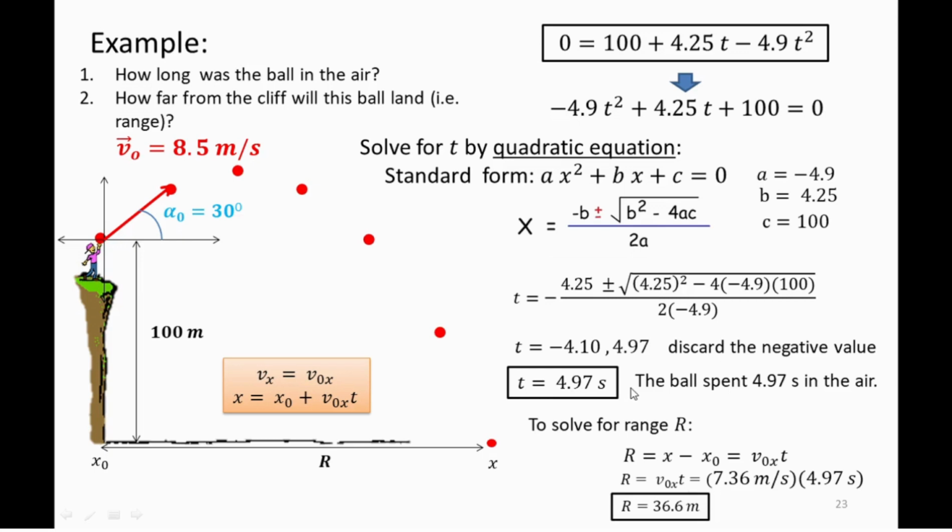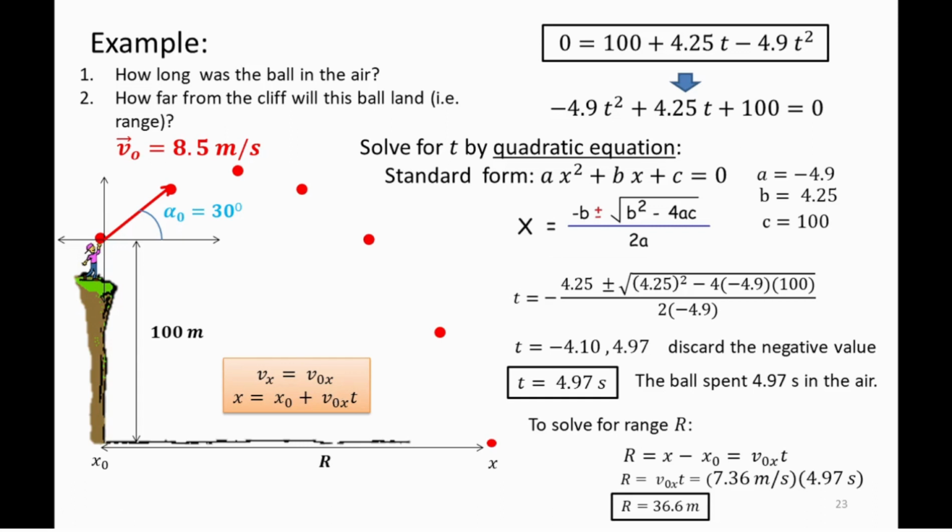Now, to solve for the range, which is the second question, or the horizontal distance traveled by this projectile, we will use now the kinematics equation for the x component, since again, the range is only dependent on the horizontal motion of the projectile.